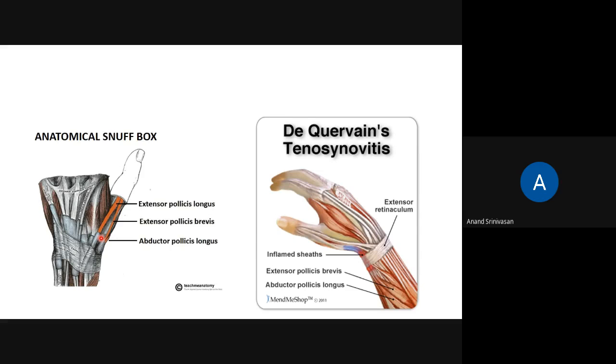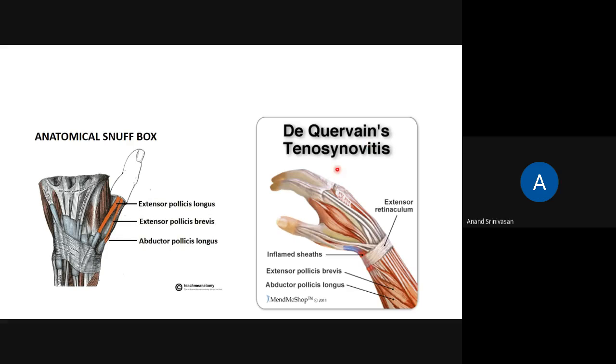When the scaphoid is fractured, it's quite difficult to heal. If the artery is also damaged, it can be quite difficult for it to heal and can lead on to chronic pain in the wrist. So that's why the anatomical snuff box is important. During surgery, they will look for any injury to the blood supply of the scaphoid in this region.